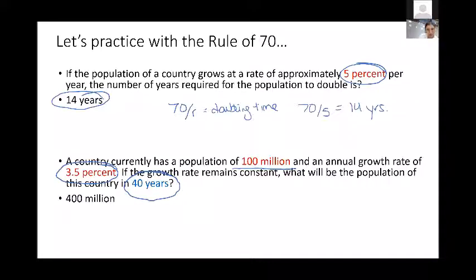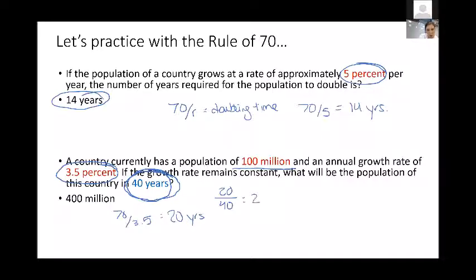So 70 divided by 3.5, that gives me 20 years. So this population at this percent of growth will double every 20 years. I know that I'm supposed to be considering this in 40 years. So how many times does 20 go into 40?